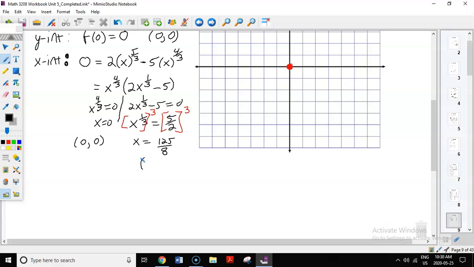You can change that into a decimal. 125 over 8 will give me 15.6. So an approximation, but it does tell me that my scale has to be fairly big here. So that's another point that I've got to add in there.